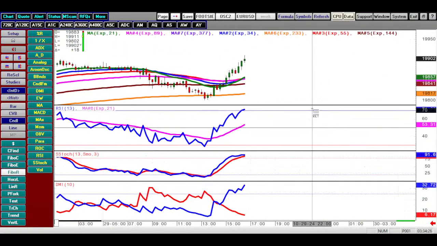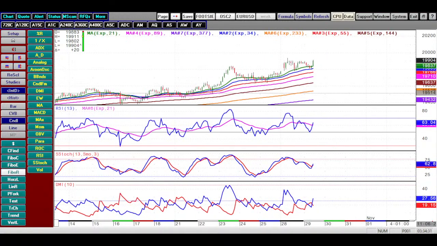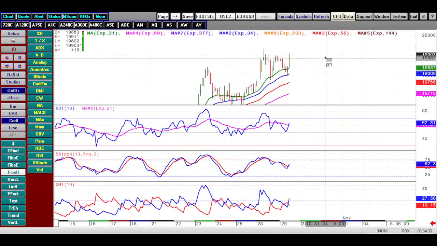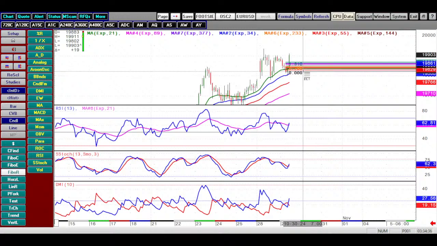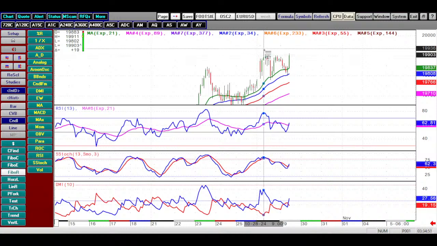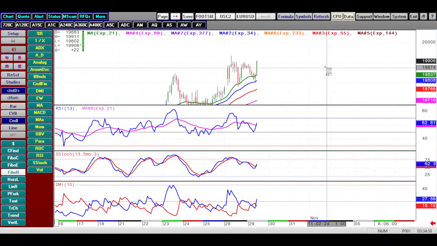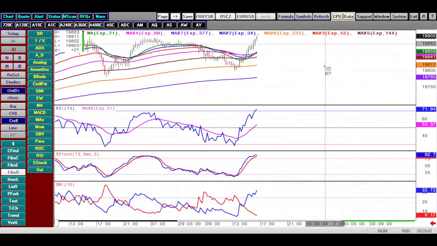So when we look into the 2-hour chart, we should be looking to buy somewhere near 198.80, and we should exit at 199.30 or 199.85. Any one of these two levels will be your exit point.